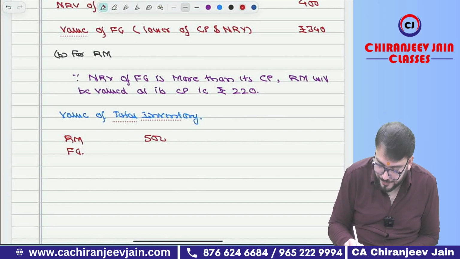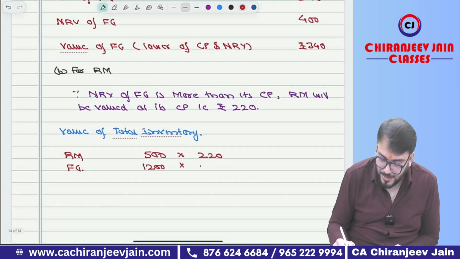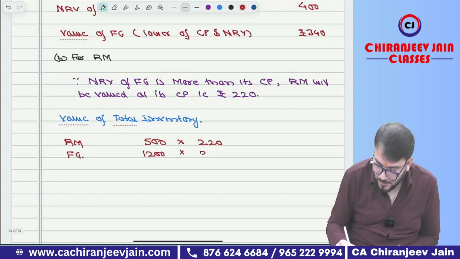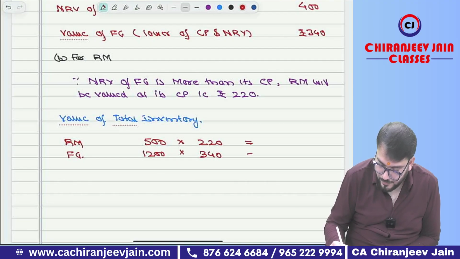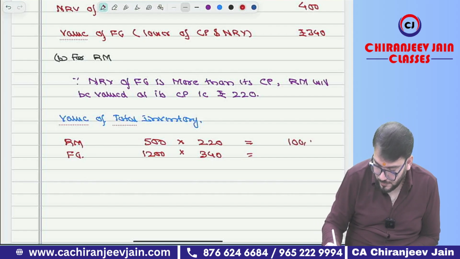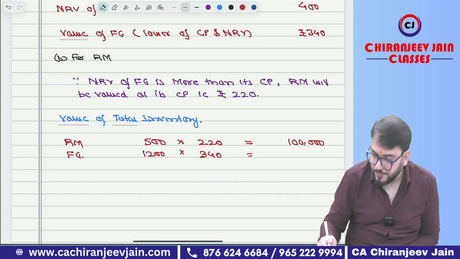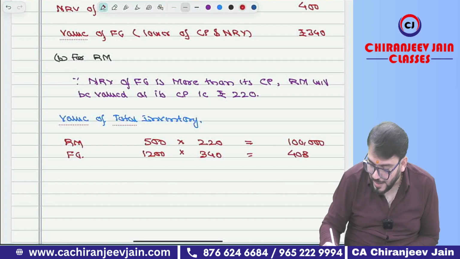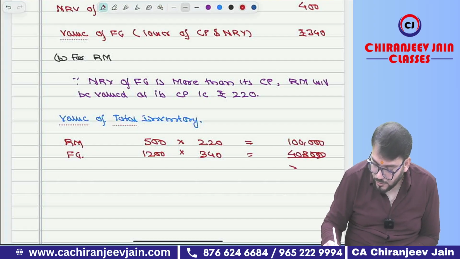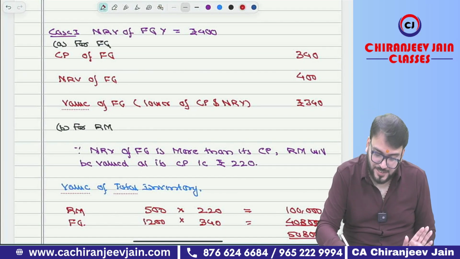So 500 and 1200 multiply by 220 and 340. So 500 into 220 is how much? 1 lakh 10 thousand. 1200 into 340 is how much? That is 4 lakh 8,000. Total becomes 5 lakh 8,000. Understood? This is the first case. Case number 1, very simple.